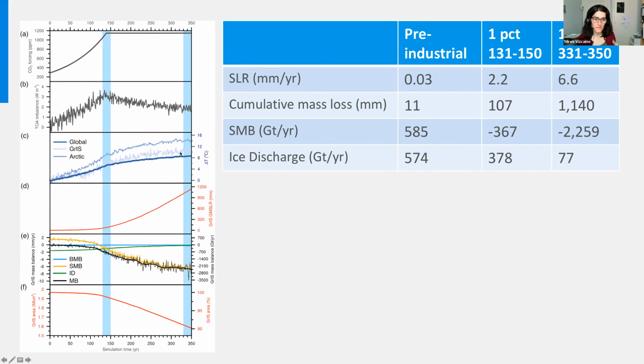So it's not correct that we would use the Arctic amplification for the Greenland ice sheet amplification of warming.